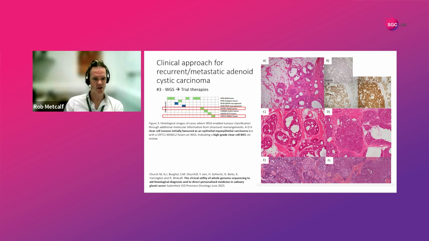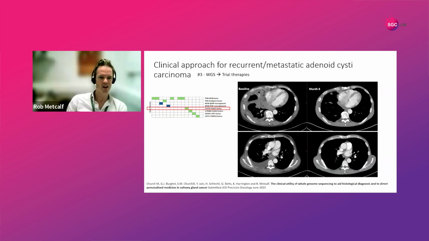It wasn't relevant to our patient with a mucoepidermoid carcinoma, but we also found another gene fusion in FGFR1, in one of our 14 patients. And the exciting thing about that for that one patient was that there is an FGFR inhibitor, a targeted therapy, that we treated this patient with. You can see this scan at baseline showing lots of tumor here.